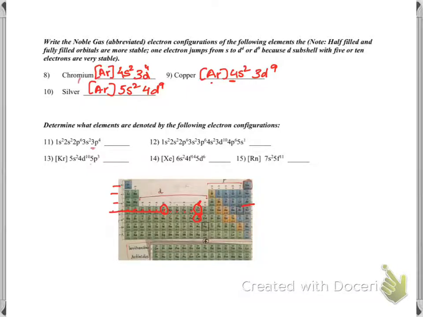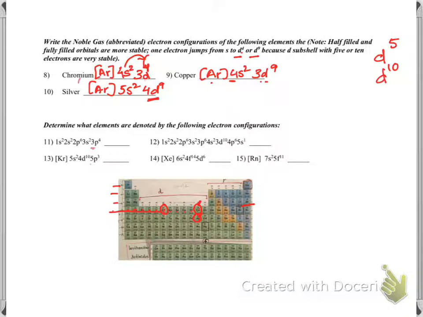It's right below here. Now the rule is, now these are some exceptions. If you have d4 or d9 cases, like look in the outermost, 3d4, 3d9, 4d9. If you have 4 or 9 electrons in the d sublevel, then one electron jumps from s to d because half filled means d5, or fully filled means d10.